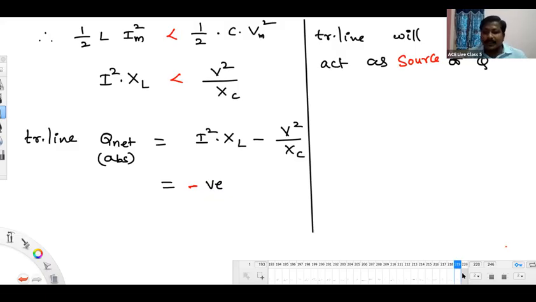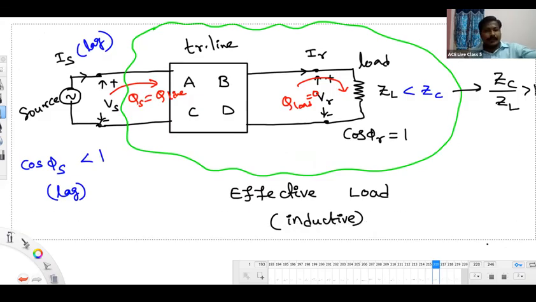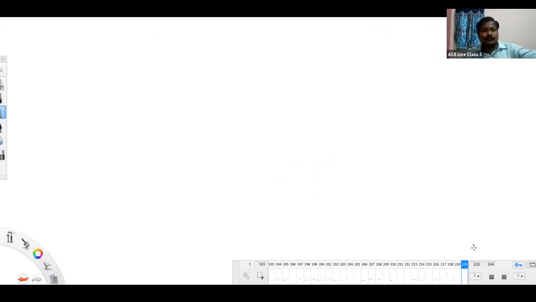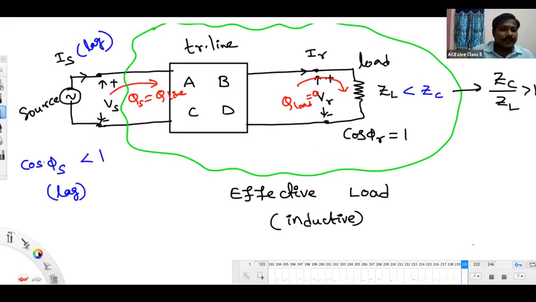Now, if you take up the two-port network model that we have drawn, same thing I am repeating. Just observe here. ZL is greater than ZC, so Q load is 0.